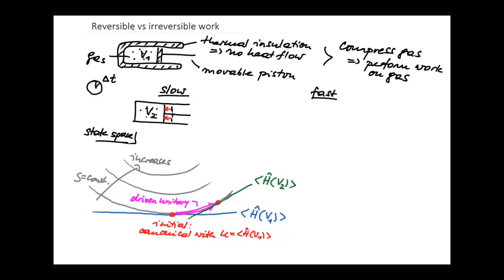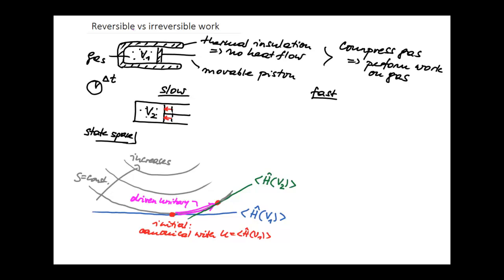Now the final state, the red dot on the right, has a higher internal energy than the initial state because we performed work on the system. And this work that we performed on the system led to an increase of the internal energy of that system.